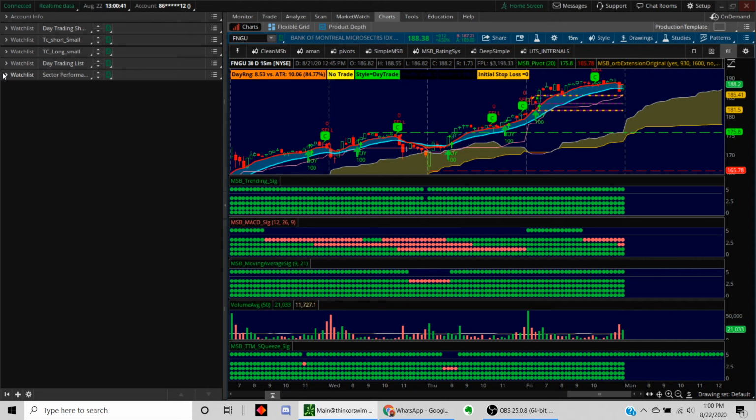Now, this system is predicated and built on a concept called multi-time framing. And with multi-time framing, what we do is that we always get confirmations from higher time frames. So for example, if you're trading on the 15-minute chart, you always want to see how those indicators are doing on higher time frames vis-a-vis the 30-minute, the hour, the 4-hour, right?